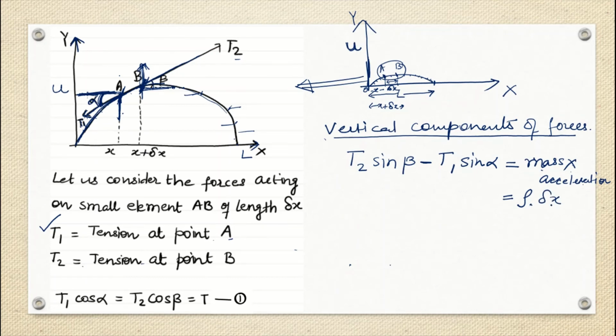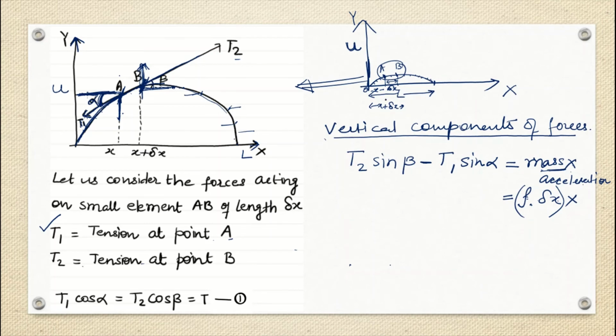Why am I writing delta x? Because rho is mass per unit length, and I have to write mass, so it will be rho into delta x. Now multiplied with acceleration. Acceleration is the second derivative of the deflection.